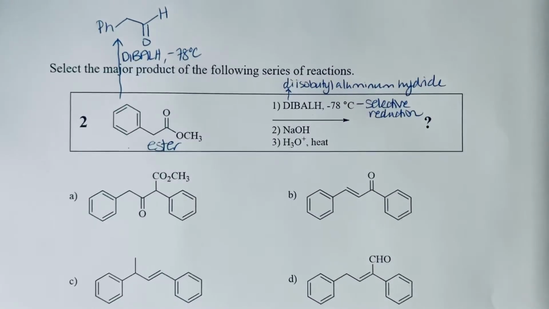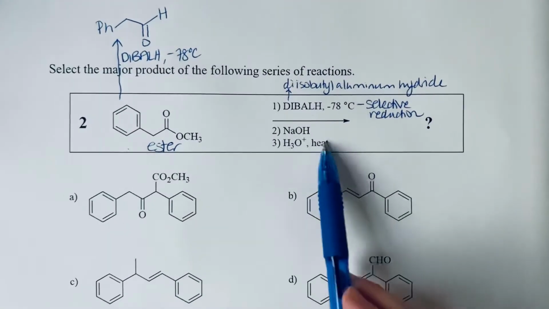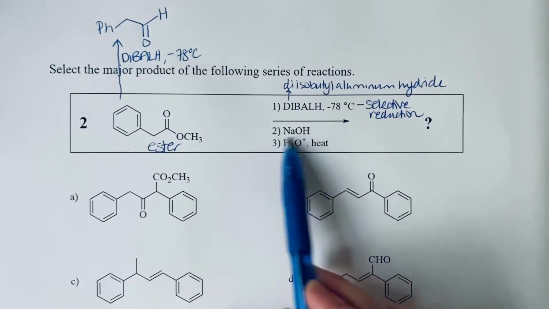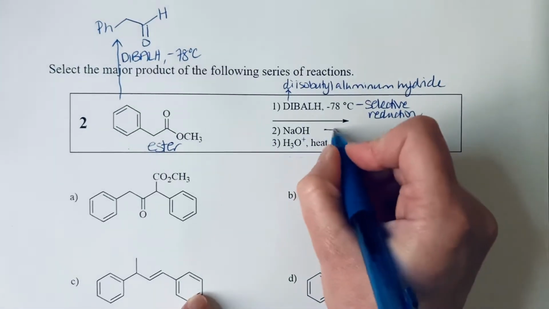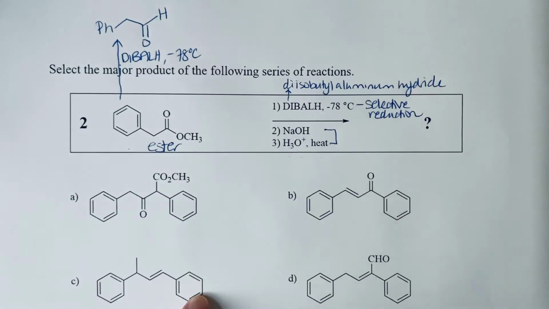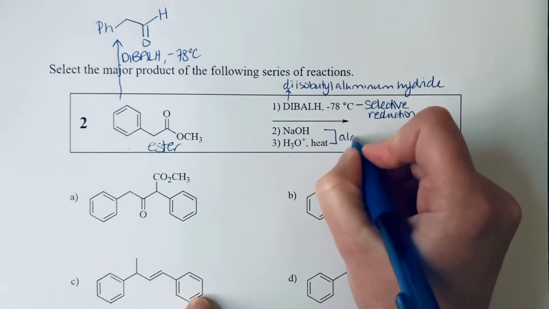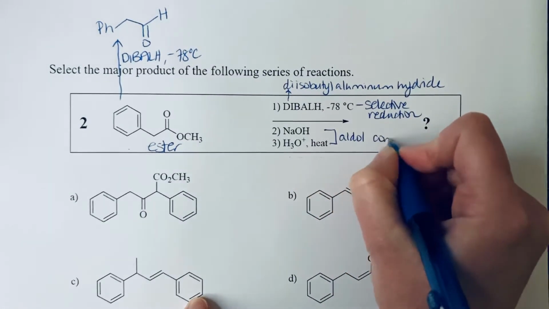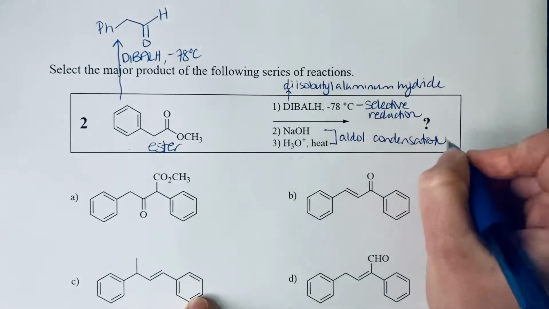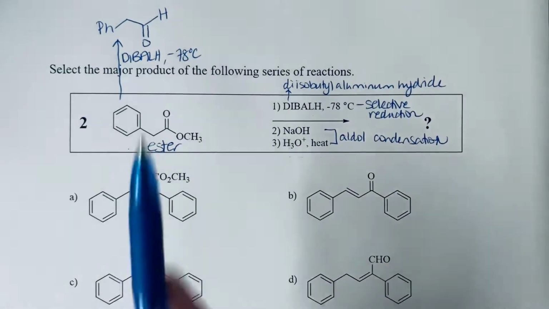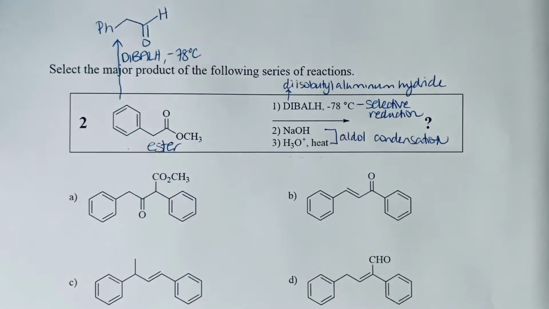Okay? And then these next two steps, treating this with sodium hydroxide, following that up with aqueous acid and heat, these are steps for an aldol condensation reaction. So what's going to happen when we treat this aldehyde with sodium hydroxide is you're going to have an acid-base reaction.